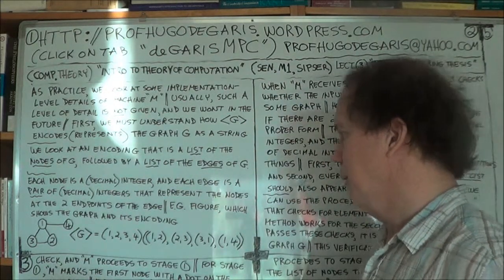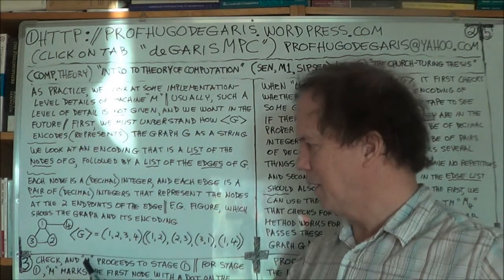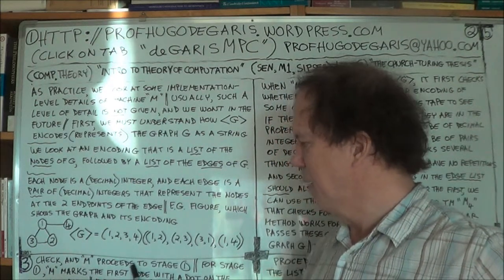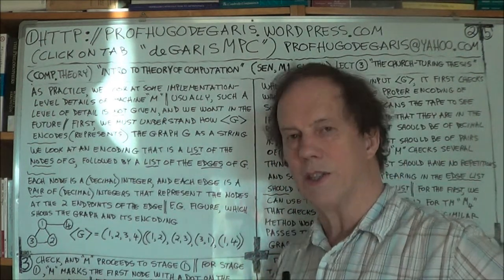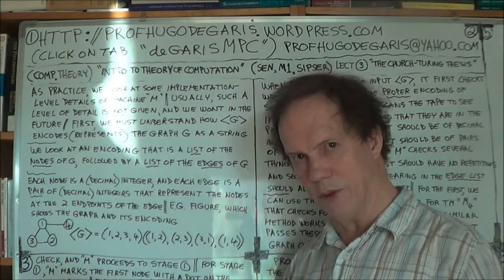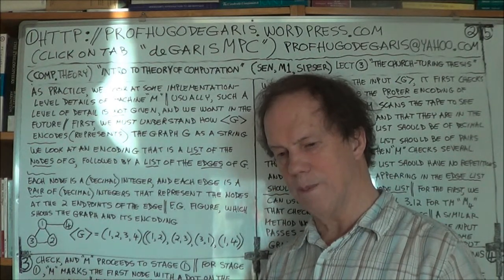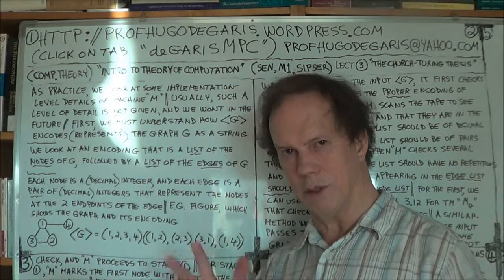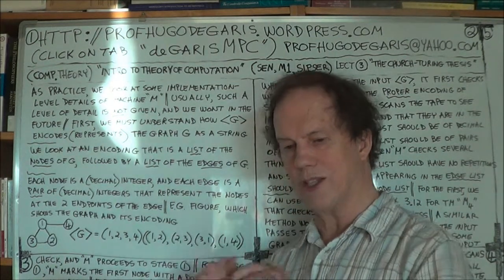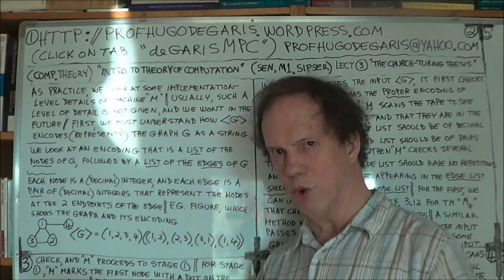What happens next, and you probably see this in the first line of the next session, is that the real work can start, and so Turing machine M can move on to stage 1 after having checked the input tape. Now it knows that the input string is encoding a graph, so it can extract the information and start working on it.